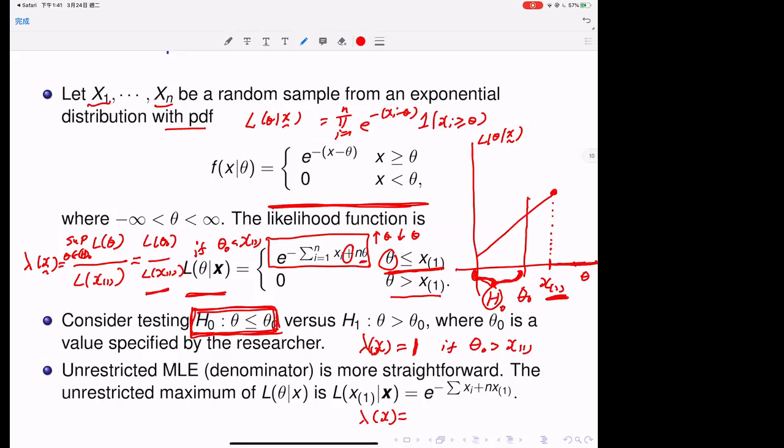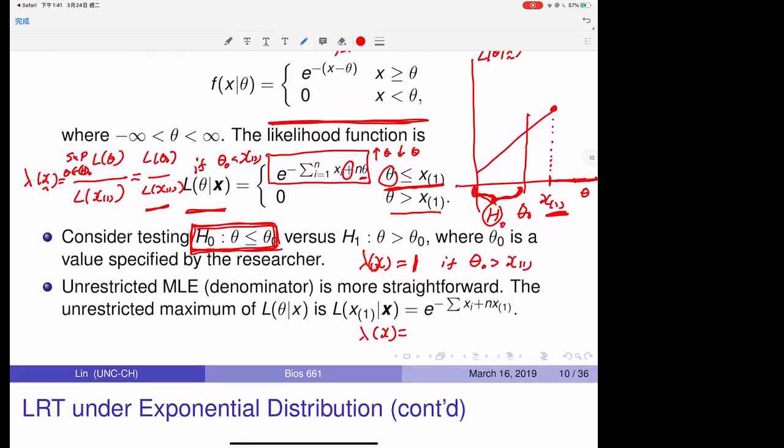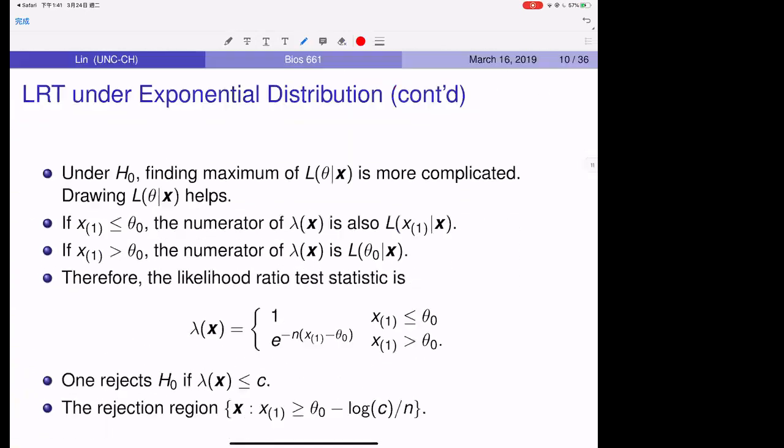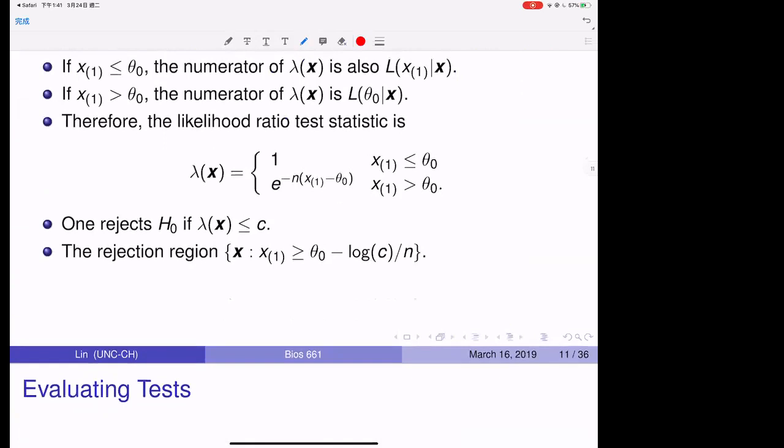So that's what I said here. This is the reason you have this result, really depending on where your theta 0 is. If x1 is smaller than theta 0, you have an identical numerator and denominator, so lambda x is 1.